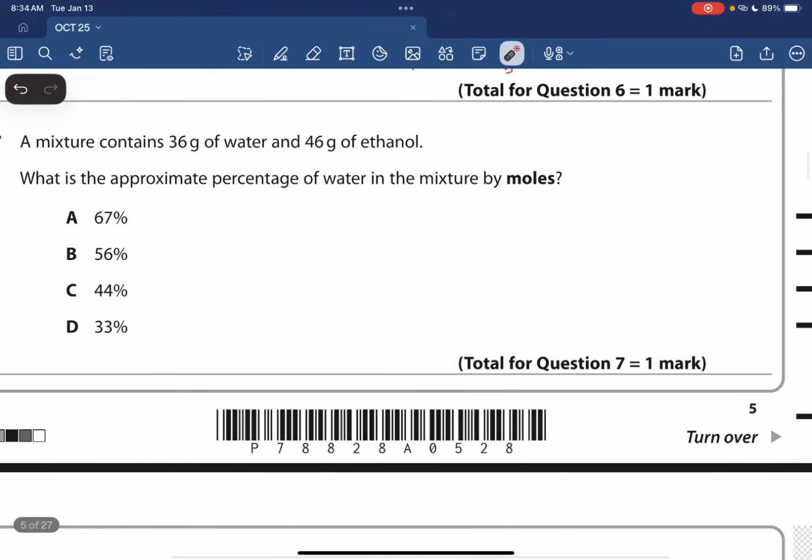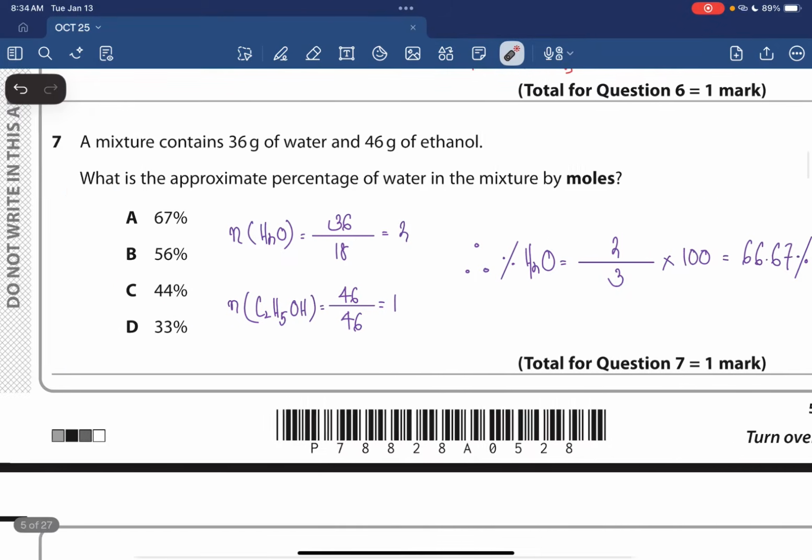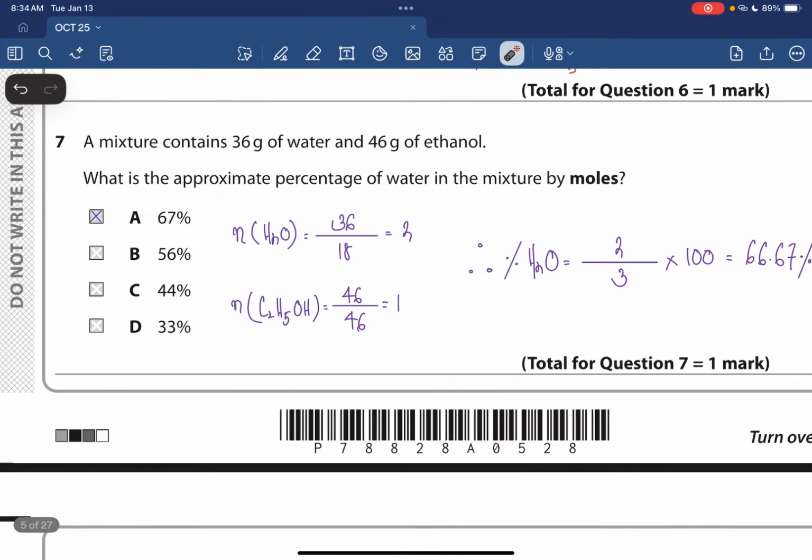And if you do this, you should be getting an answer. And the working should look something like this. Number of moles of water, number of moles of ethanol, percentage of water: moles of water divided by total moles times 100. So this should be giving you 66.67%. So this is approximately 67%. So A should be our answer to this question.